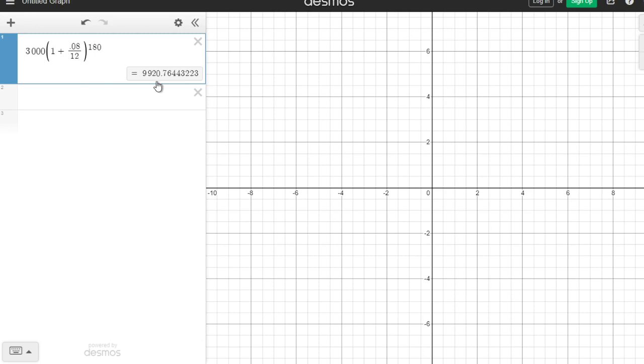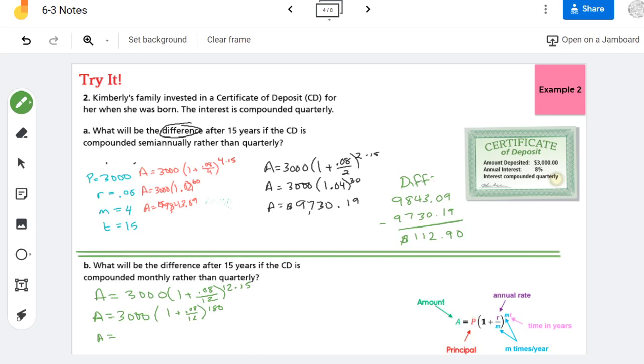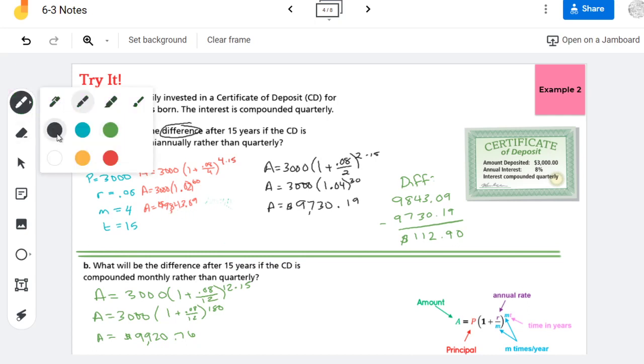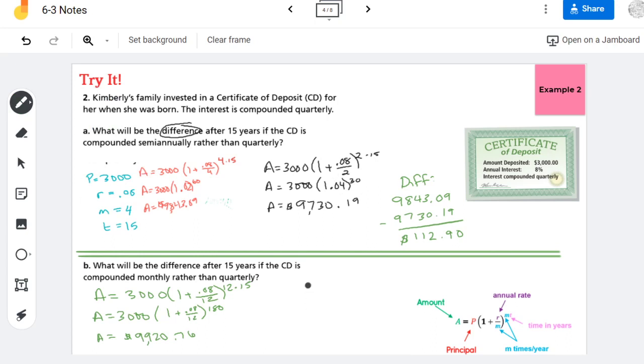And so the amount I get is $9,920.76. Okay, and we can compare that to the quarterly calculation, right, of 9843.09.